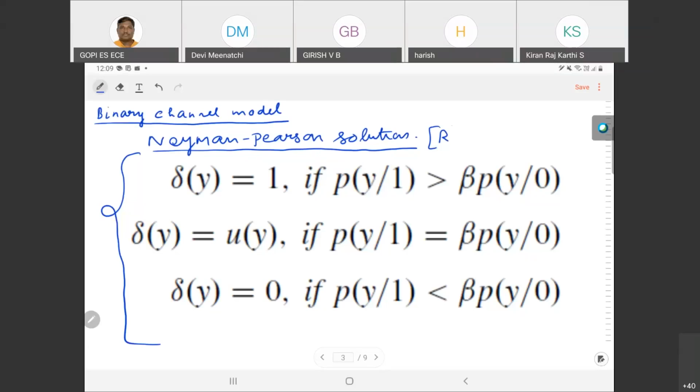So this is the generalized Neyman-Pearson solution, of randomized decision rule. This is more general, not restricted to this binary channel model.